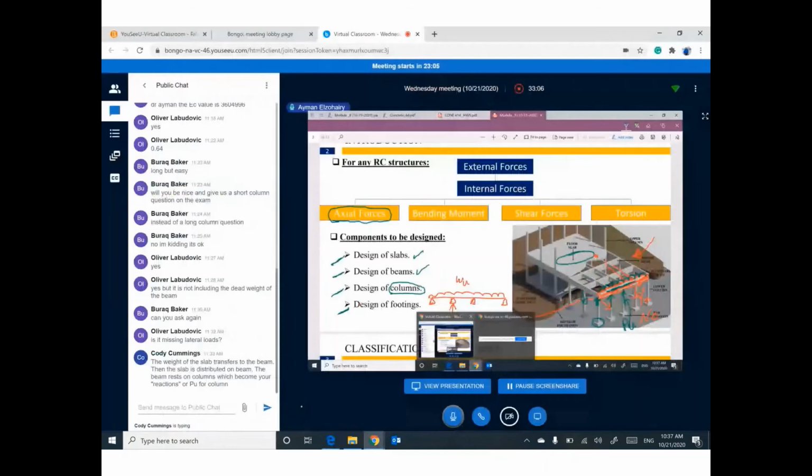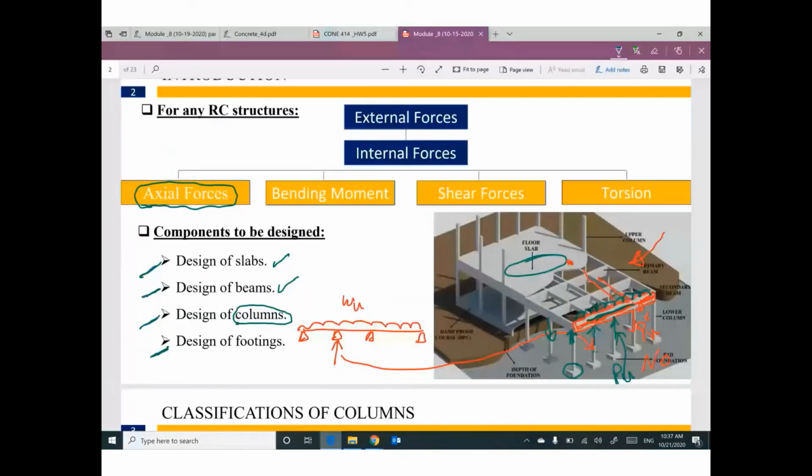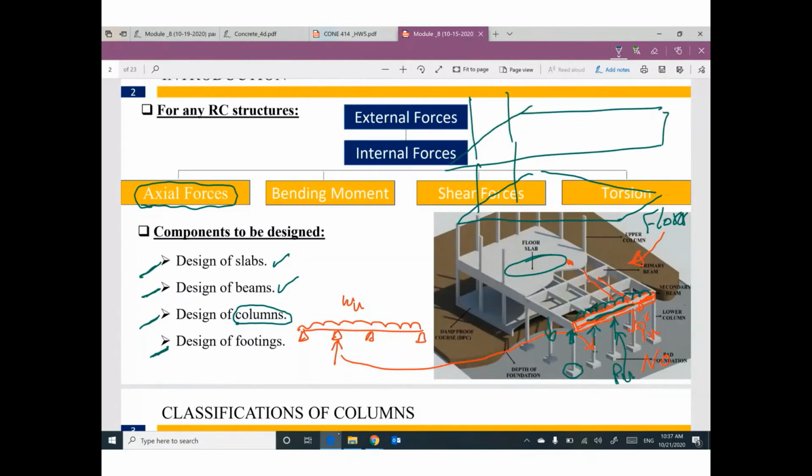Guys, can you watch this building? We have another story here, another floor. And probably we have another floor. And probably another floor. I know this floor, which is called a typical floor, will be the same like this one. Yeah, I agree with you.